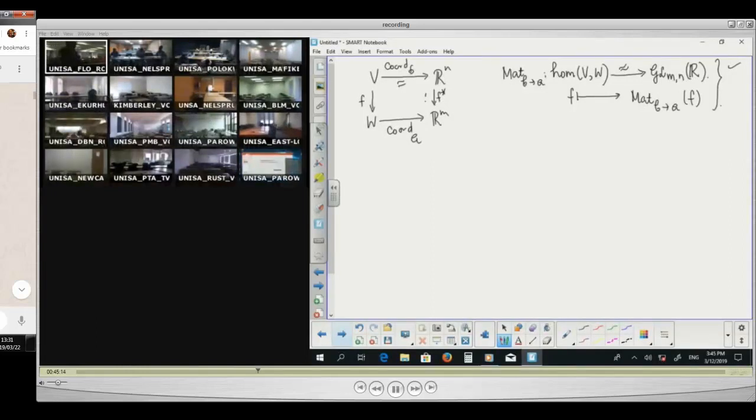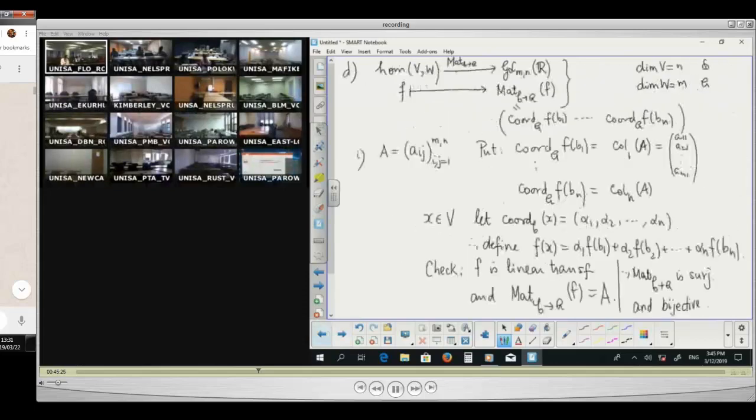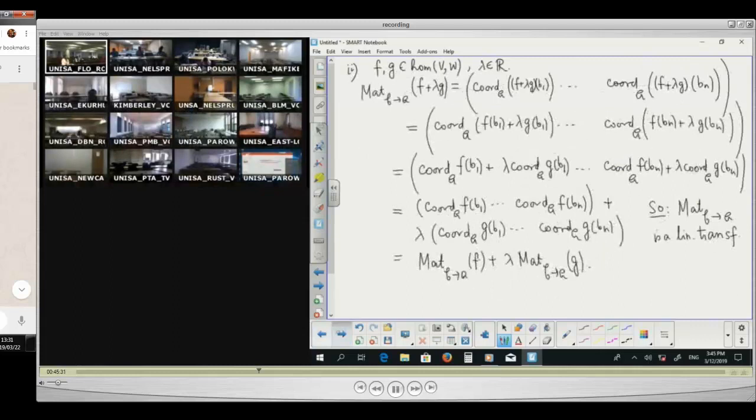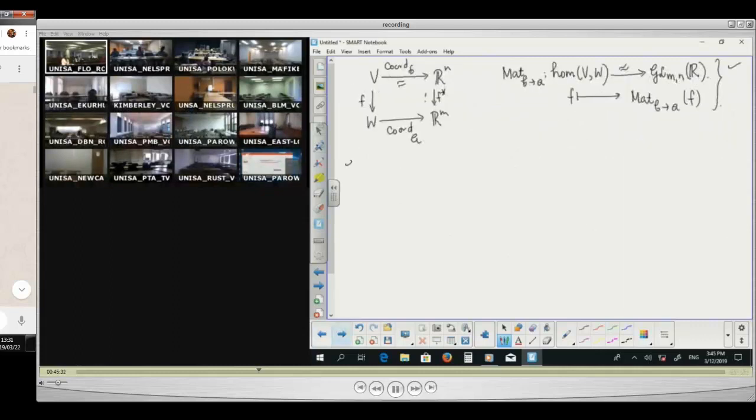What was this? This was possibly T, right? Since I spoke about this multiplication and so on. So, let us take R^n and R^n. So that means hom(V, V), the linear transformations from V to V itself.